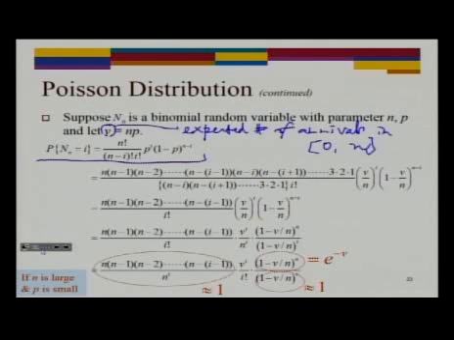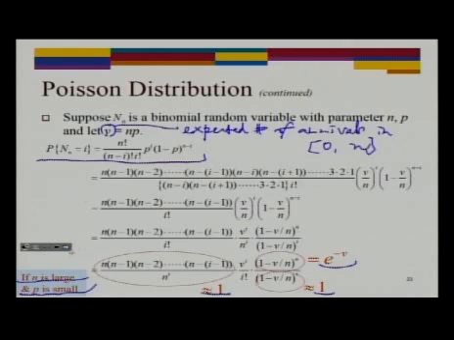And for very large n and for very small p, this whole part becomes 1, and this numerator becomes e to the negative nu's power, and this denominator becomes 1. Okay?